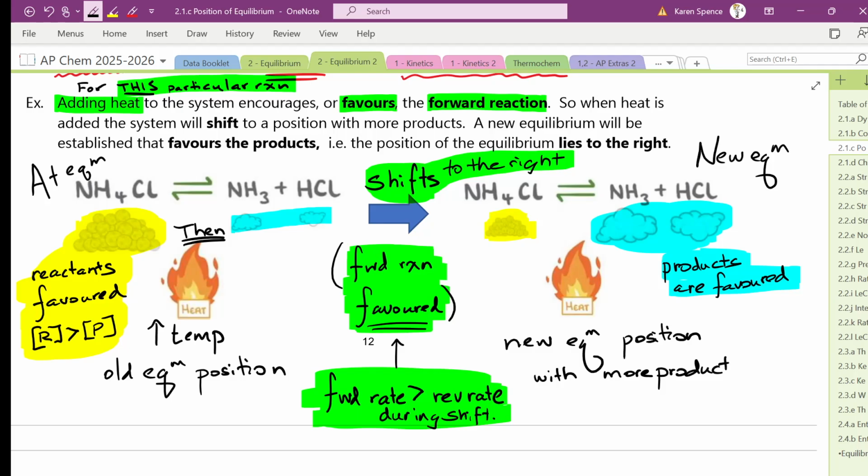What does it mean that products are favored? There are more products. Concentration of products is greater than the concentration of reactants.